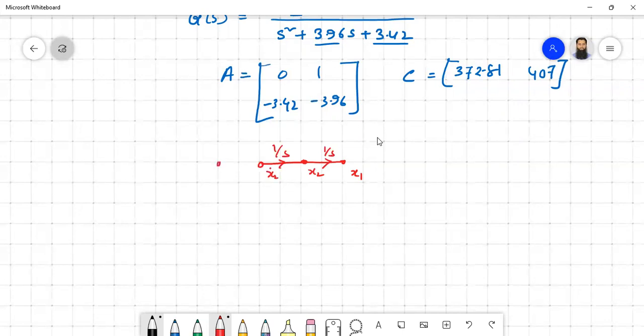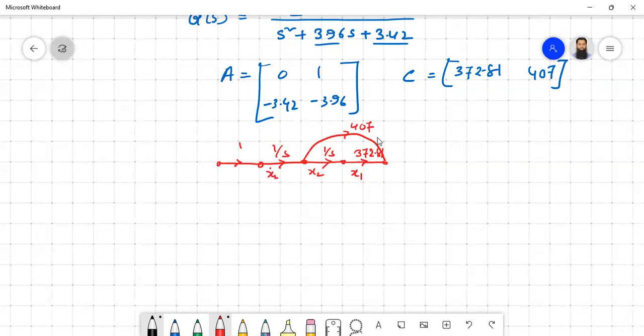Our input is u, coming with again 1, and our output is 372.81 x1, so this is 372.81, and also we have the gain that is coming from x2, and that is 407.